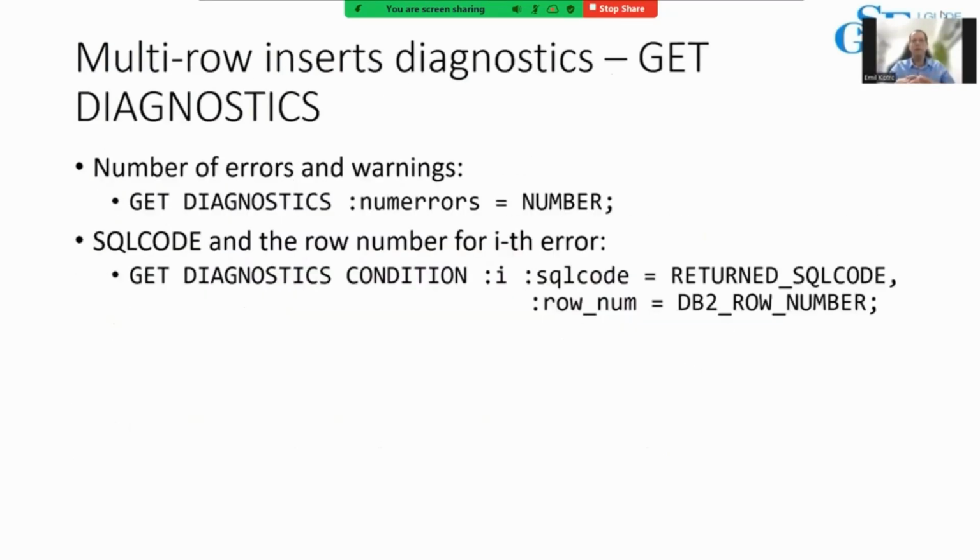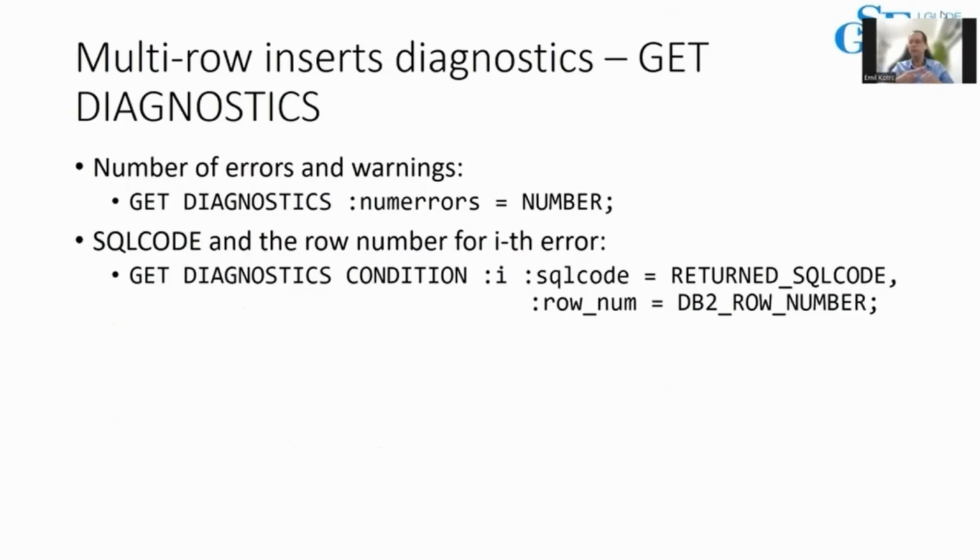So how to use GET DIAGNOSTICS? First you can see the number of errors. So you will call GET DIAGNOSTICS, and with this number of errors, you will get how many conditions were issued. And then you can have another GET DIAGNOSTICS call, or rather a set of calls, maybe like a for loop, where you would check each individual condition, and you would check the SQL code and the row number, the row in your set that was inserted.